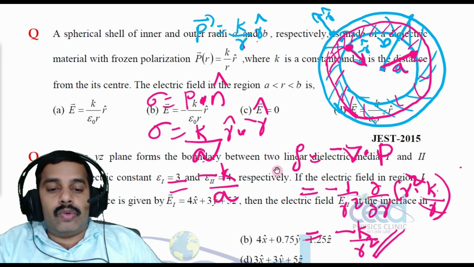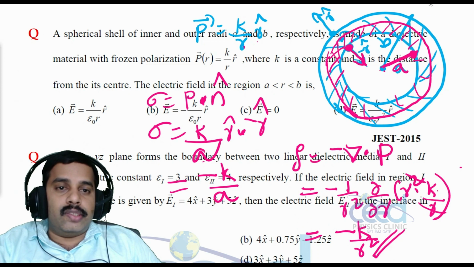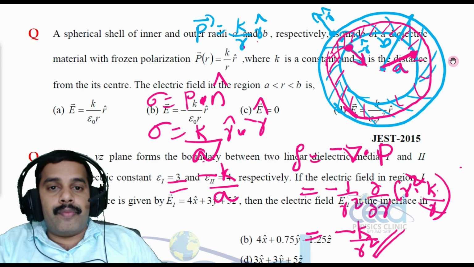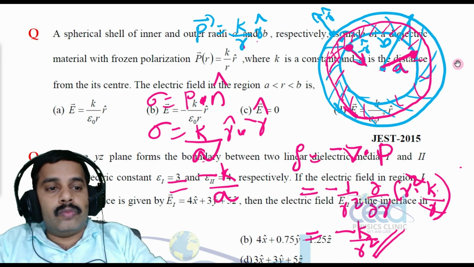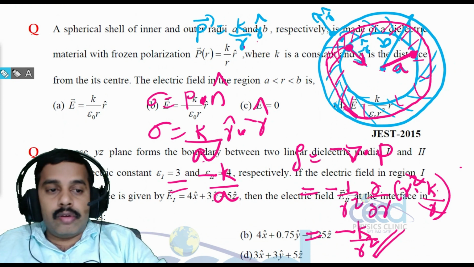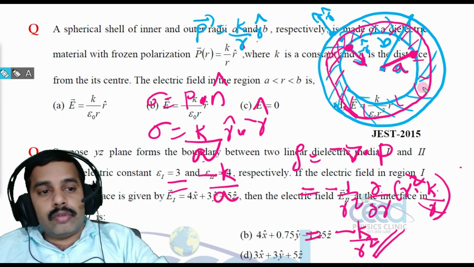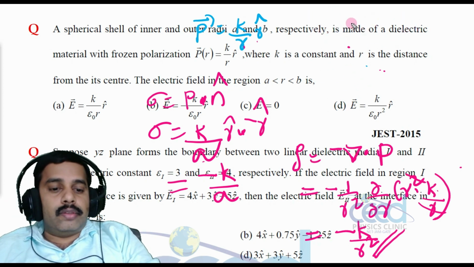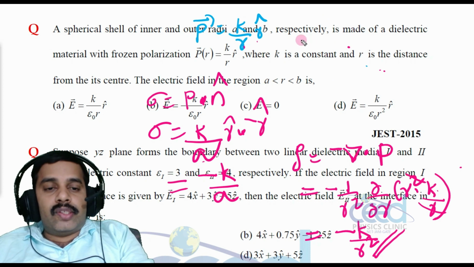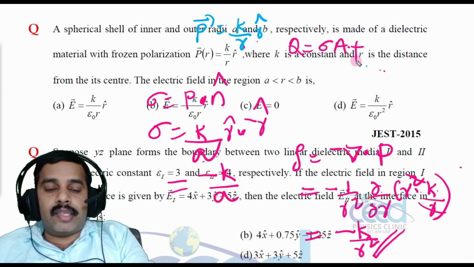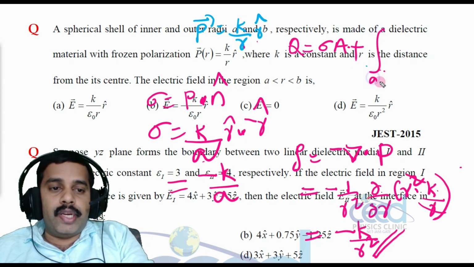Now let us find the total charge using this. Let me erase this and then substitute. So what is the total charge? Total charge is equal to sigma A plus this volume charge density that is distributed from a to r.